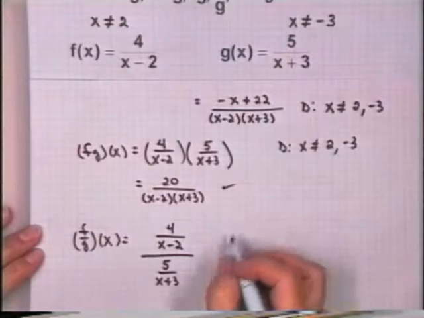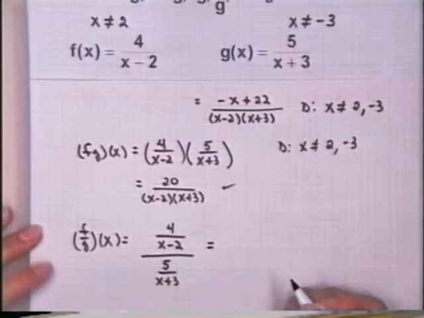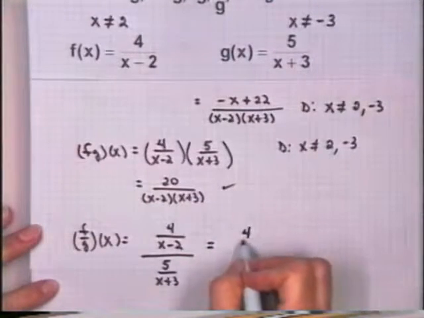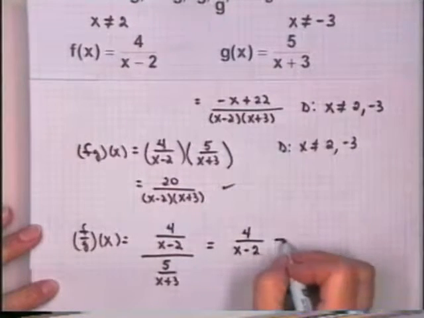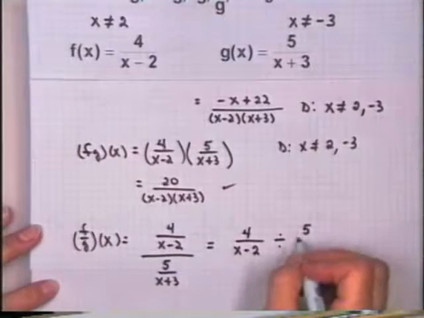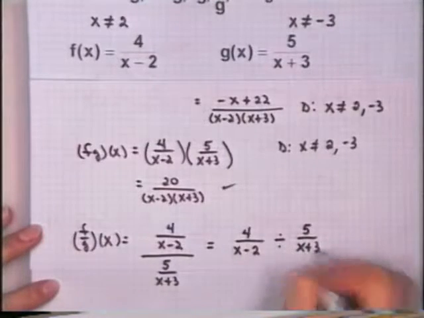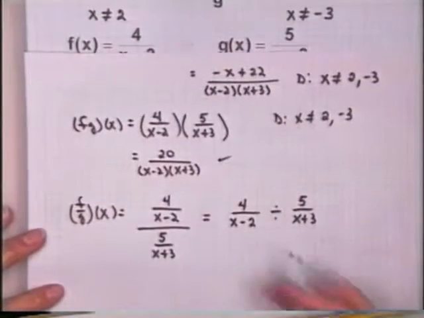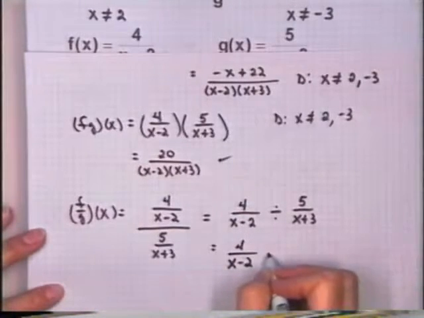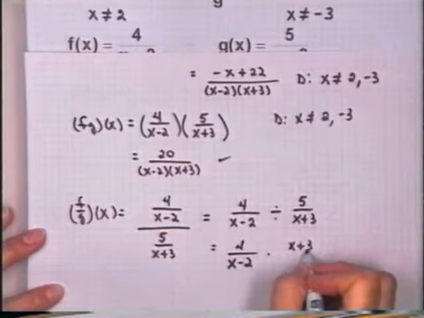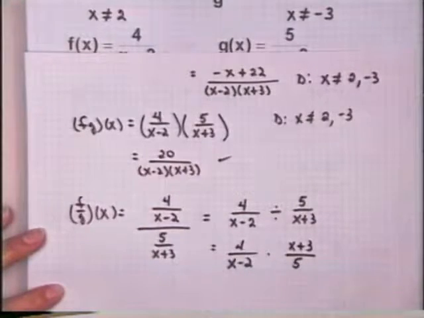So all we need to do here is to simplify our fraction, and recall this complex fraction just means 4 over x minus 2 is being divided by 5 over x plus 3. And so when we invert, we have 4 over x minus 2 times x plus 3 over the 5.